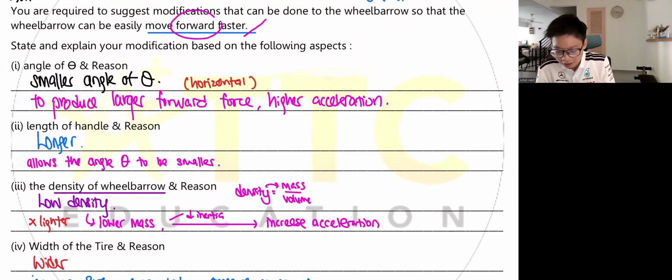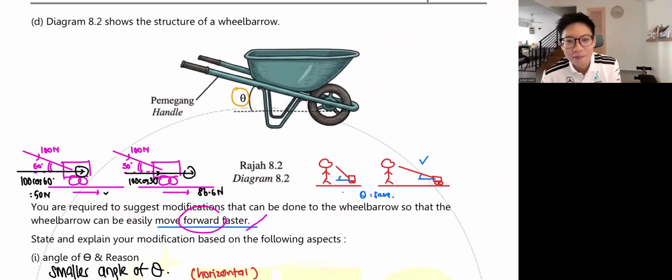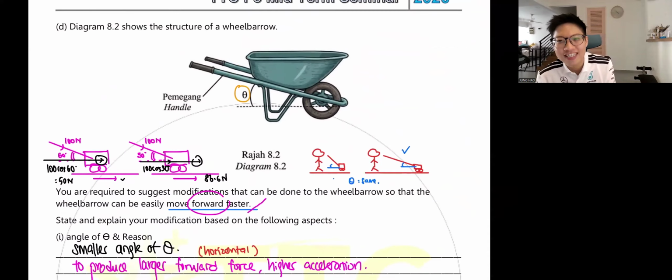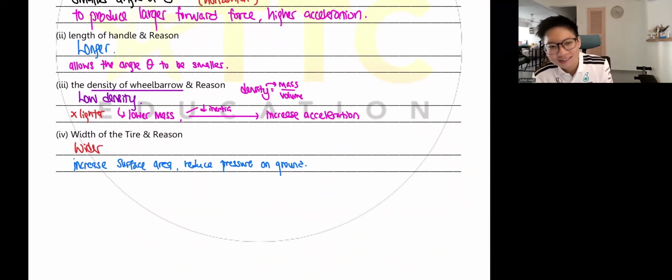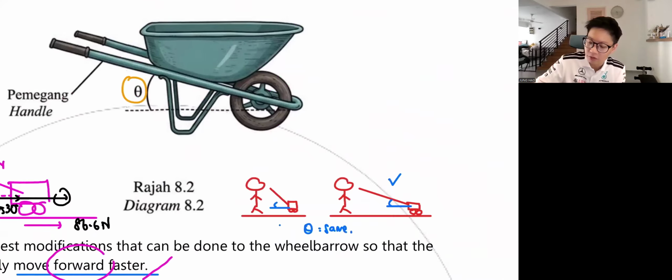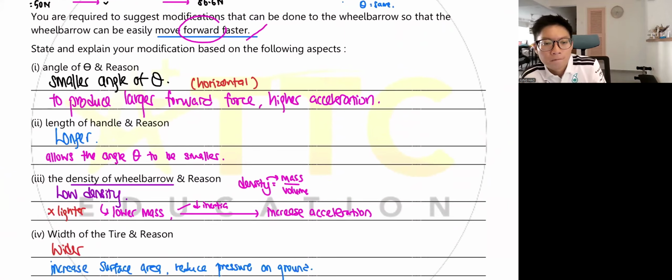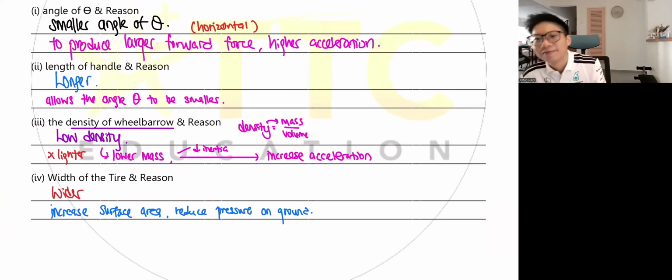Because I'm not going to bang anybody with this. I'm not going to impulsively slap someone with this. So the purpose of the wheel tire is basically I don't want it to sink into the muddy ground. So it's like the muddy ground. Yeah. Okay, can. All right. That's it.